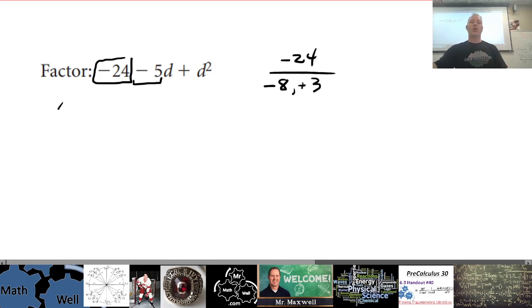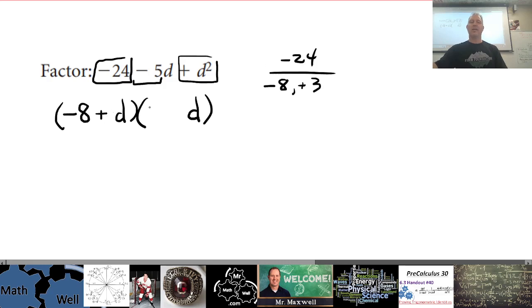So this is what we're going to do. Now, the variable here is the last term. So guess what? Your variable is going to be here at the end. No big deal. And we'll put negative 8 as our constant. And we have to put a plus here.